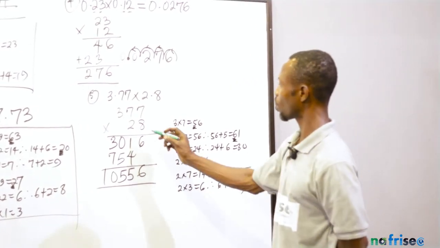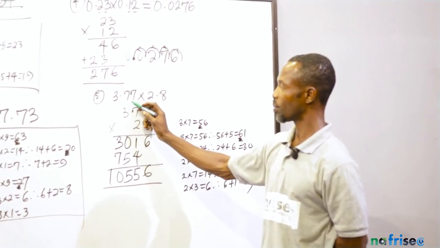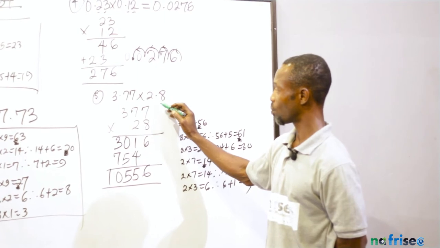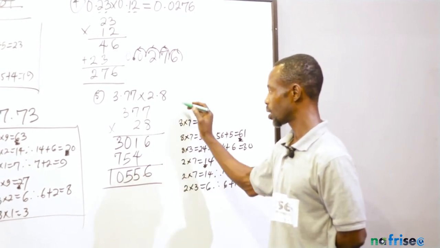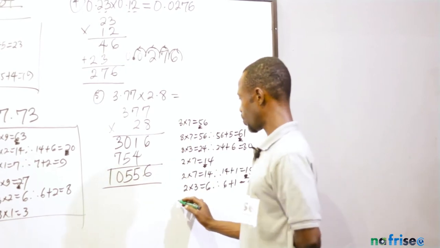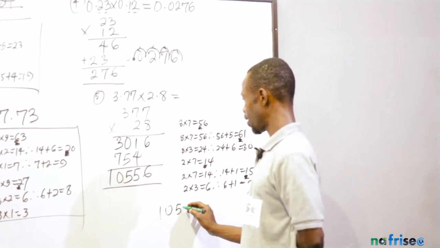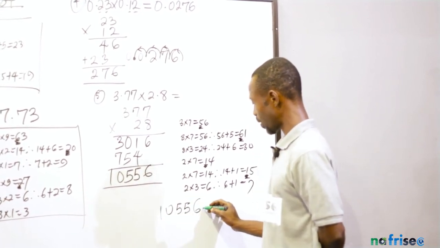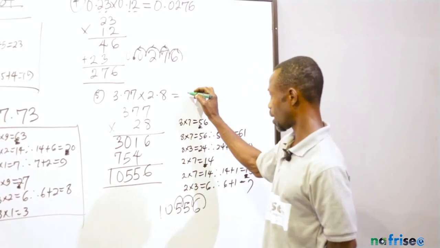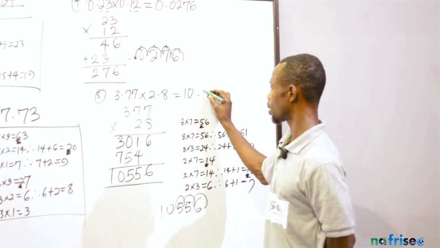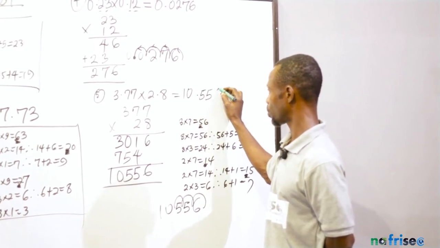Now, because I have 2 numbers after the decimal point here, and 1 number here after the decimal point, then you know what I'll do? I have to move 3 places backward. So if I carry this number as 1, 0, 5, 5, 6, I will start from here. 1, 2, 3. Since I'm in between, I write my answer as 10.556.